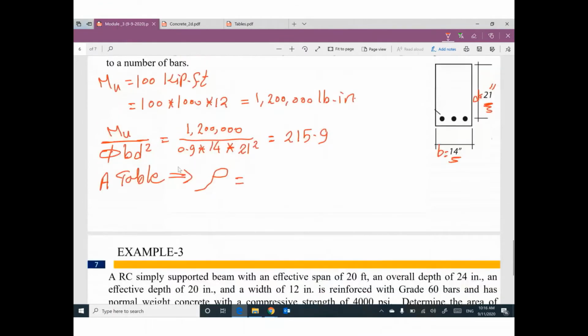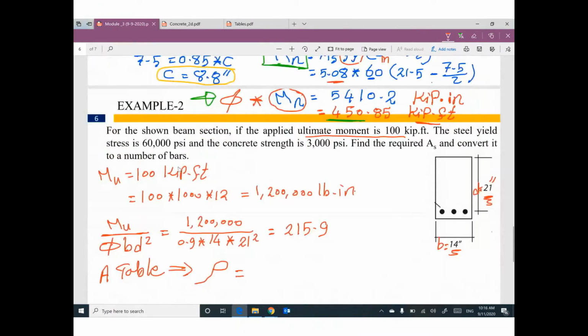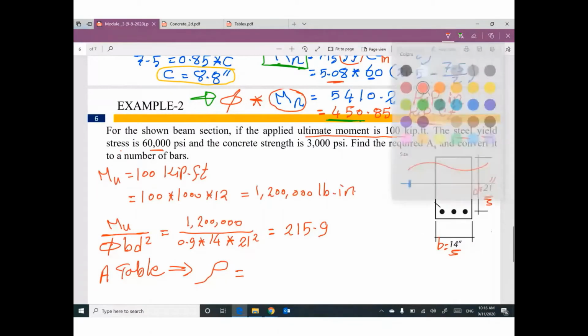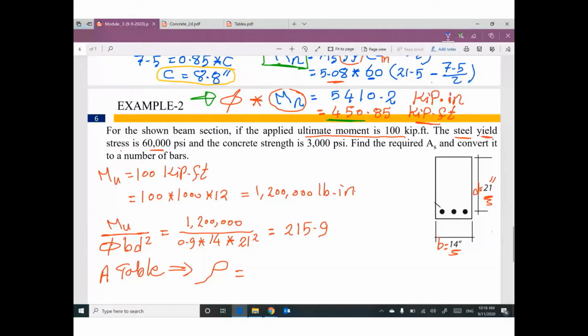Given steel yield stress 60,000. So F yield is given 60,000. F prime C, which is called concrete strength, 3,000. So we need to look to a table with these parameters: 60,000 for steel, 3,000 for concrete.